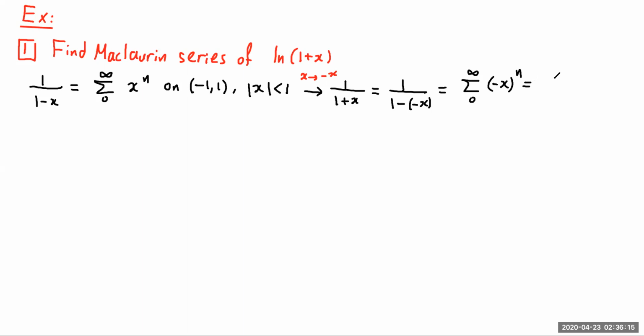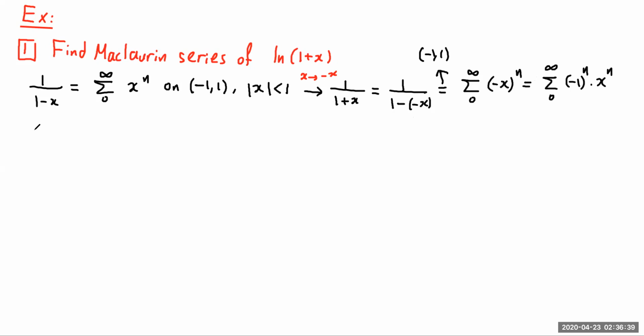Also, it could be written as sigma (minus 1) power n times x power n from n equals 0 to infinity. And this is also correct on the interval. So from this function to the sigma, it's correct on the interval (-1, 1). So let's take the integral of 1 over 1 plus x.